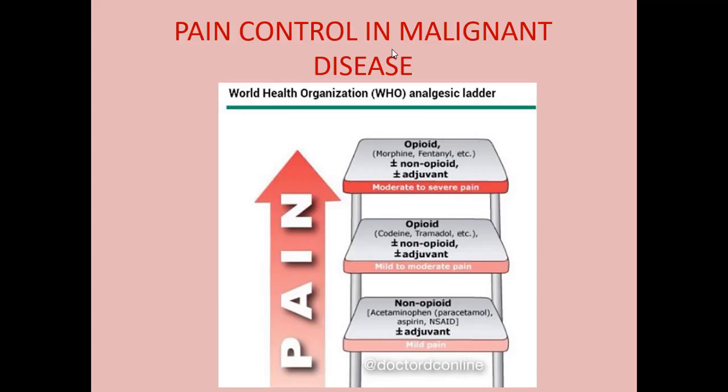Now, what about pain control in malignant disease? In malignant disease, as we have talked about earlier, we have to follow the analgesic ladder. Remember that if we are using one type of opioid and it's not working, we can change the opioid, because sometimes one type of opioid is not working but another type may be, and we may also use different combinations of medications before we choose a procedure that is intense enough.